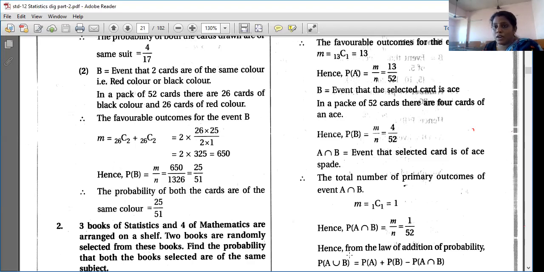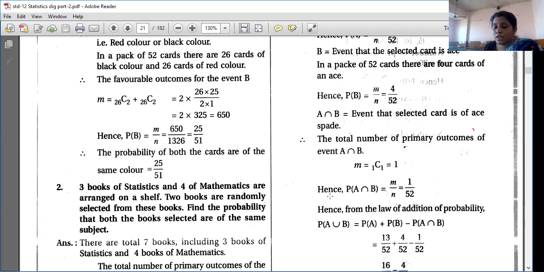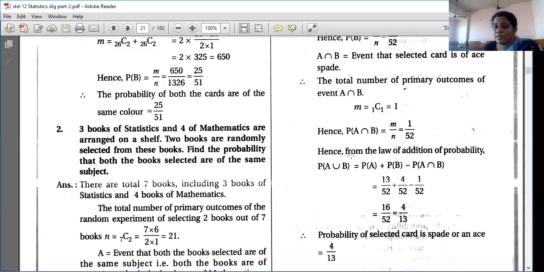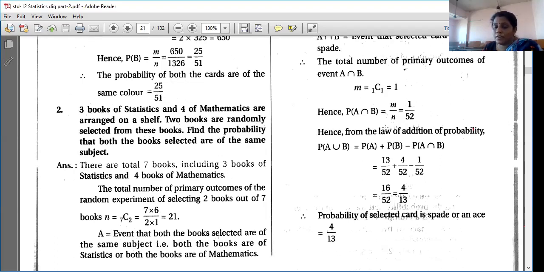It is a spade and also an ace. It is not that it can be either a spade or an ace; it can be a spade and an ace. So 1C1, in a spade design there is only one ace. So P of A intersection B is m upon n, that is 1 by 52.